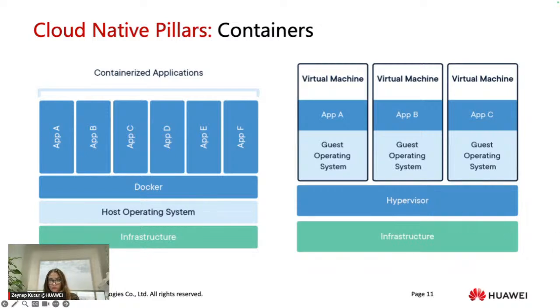Each virtual machine includes a full copy of an operating system along with the application, necessary binaries and libraries, which often take up tens of gigabytes. So this can make VMs slower to boot and more resource intensive compared to containers.